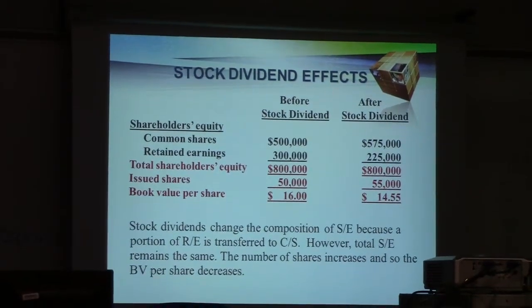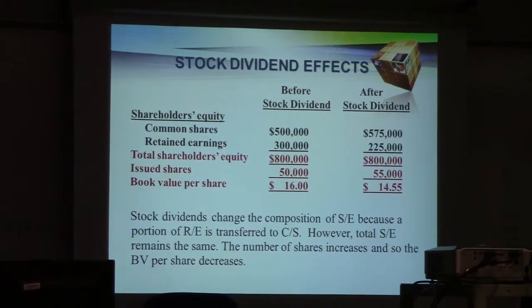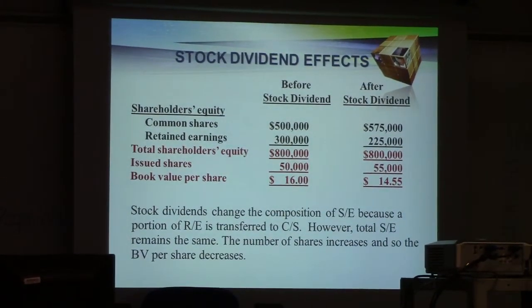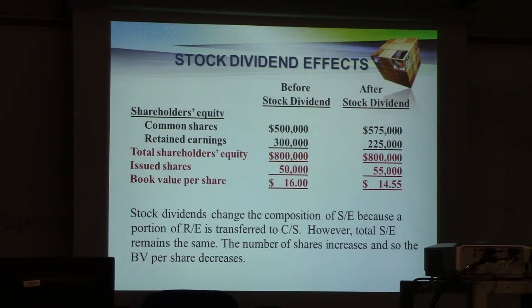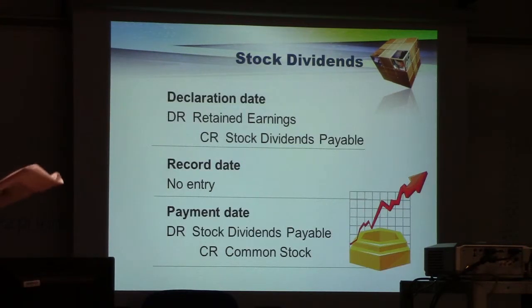Retained earnings has decreased by the same amount, because if you go back to the journal entries in the previous slide, you can see that the retained earnings account decreases and the common stock account increases.